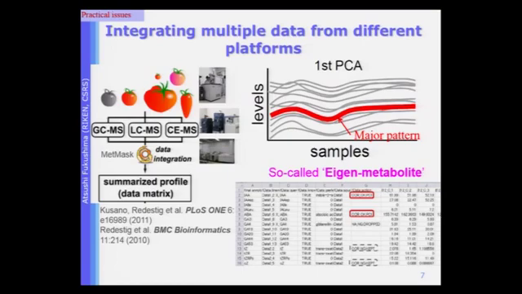We needed to combine these datasets to generate a single consensus data matrix from these multiple datasets. We achieved this by combining datasets using automated data format and chemical identifier unification.